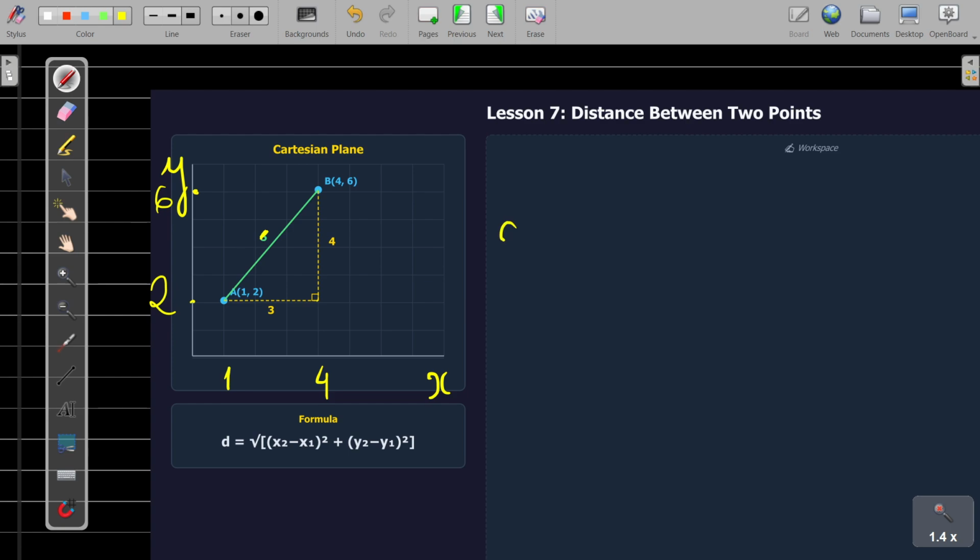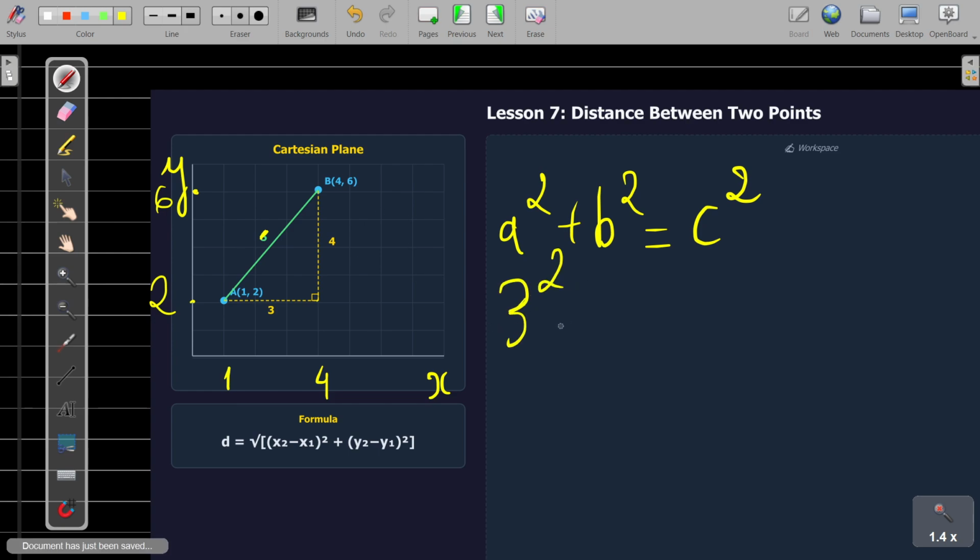Now of course, if we use Pythagoras, we have a squared plus b squared equals c squared. So the two short sides squared and added together will give us the hypotenuse squared. And if we substitute our numbers, we'll have 3 squared plus 4 squared equals 5 squared.